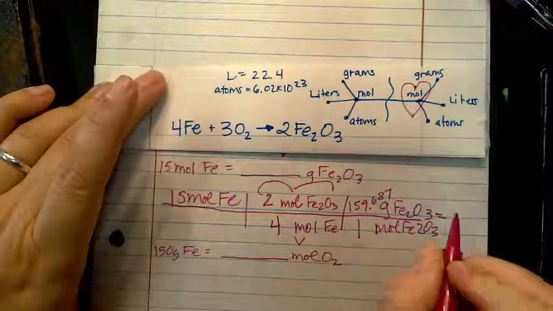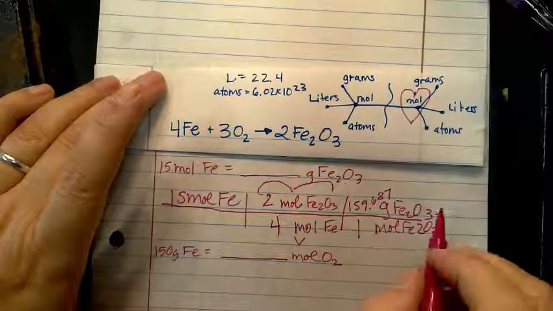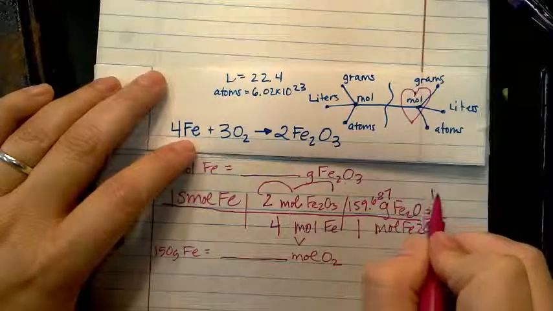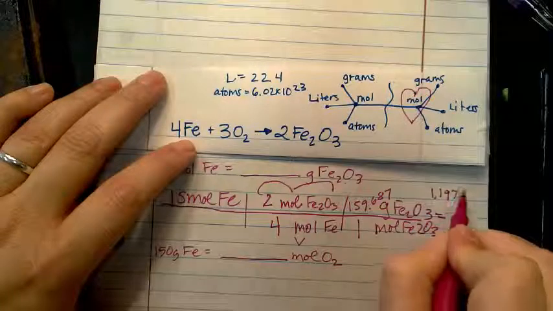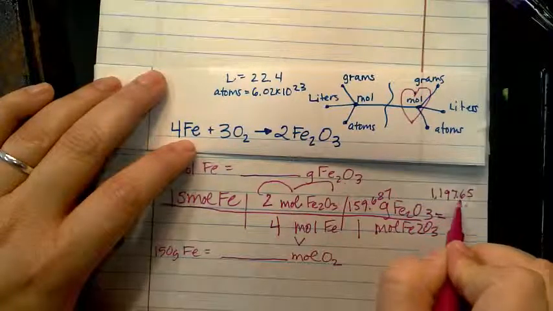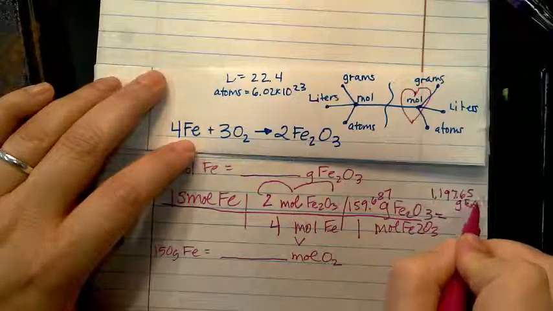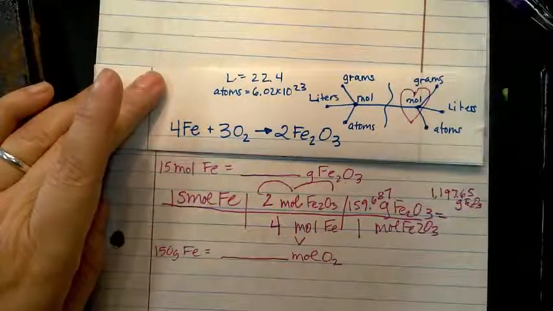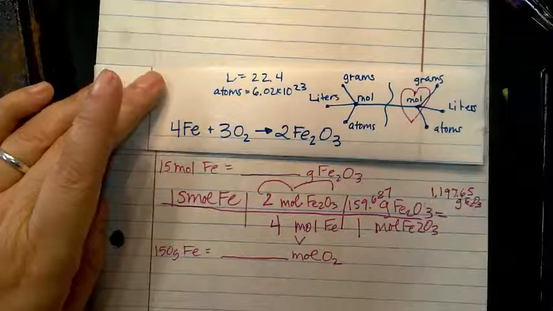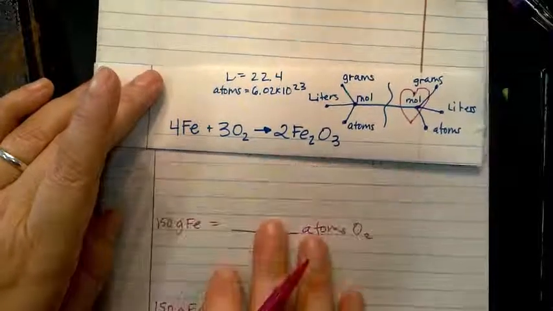I'm going to multiply and divide through here, and on this one I'm going to get 1,197.65, and it's going to be grams of Fe2O3. Pause it if you need to copy it, or if you want to check back with it. I'm going to go ahead and go forward.